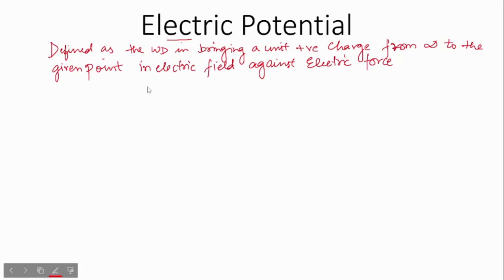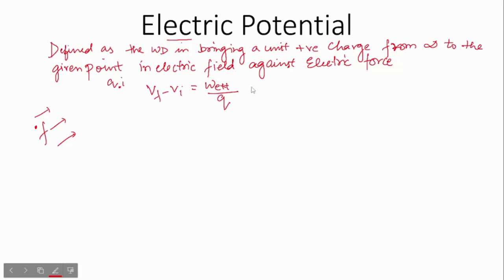Suppose we are bringing a unit positive charge from initial position I to final position, against electric field. So Vf minus Vi, final potential minus initial potential, will be W external, work done by the external agent, divided by Q. Q will be the magnitude of charge.